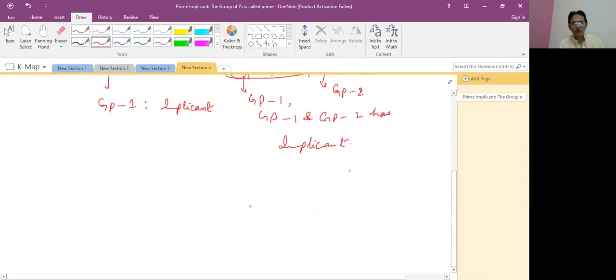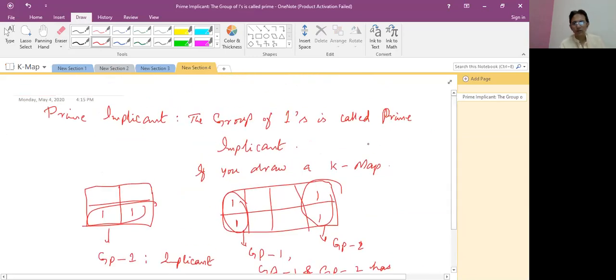So what do we call the prime implicant? The correction about this is that it is called implicant, not a prime implicant.